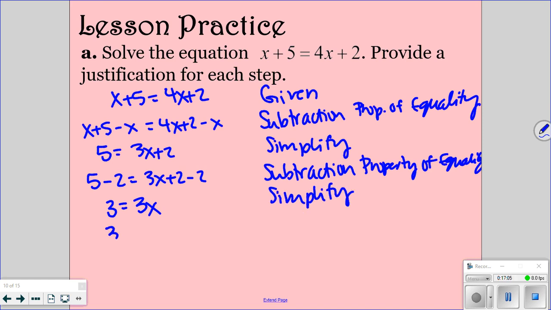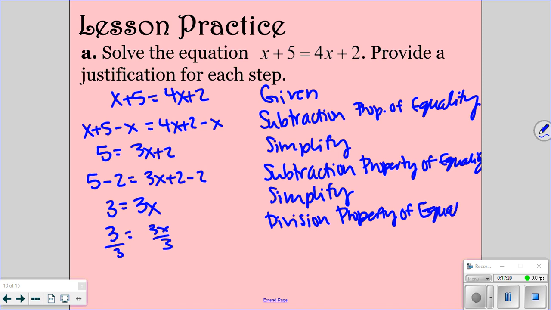And then I'm going to divide by 3 on both sides of my equation. And so that's the division property of equality. And then I'm going to simplify. And so that would be your answer.